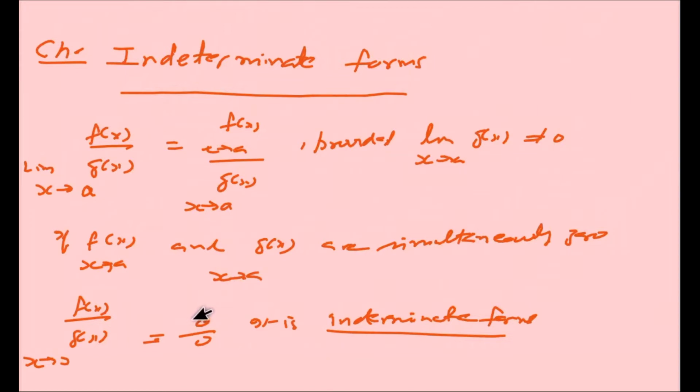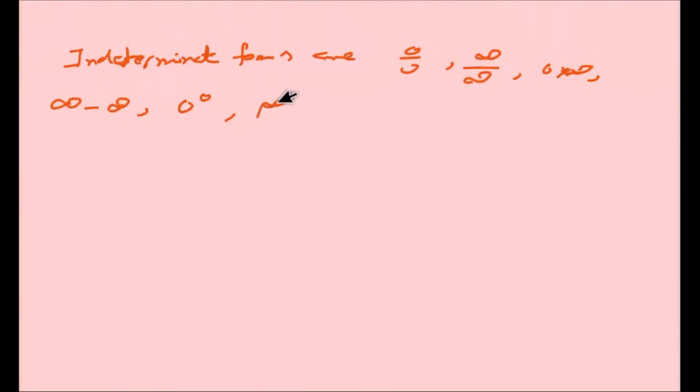The indeterminate forms may be 0 upon 0 type, infinite upon infinite type, 0 into infinite type, infinite minus infinite type, 0 to the power 0, 1 to the power infinite, and infinite to the power 0 types.